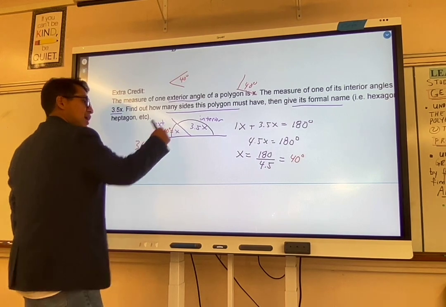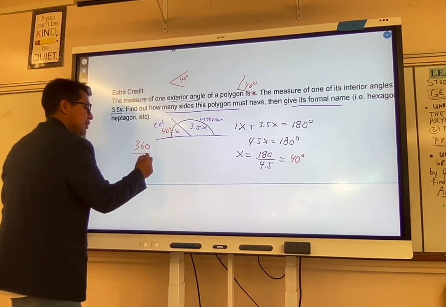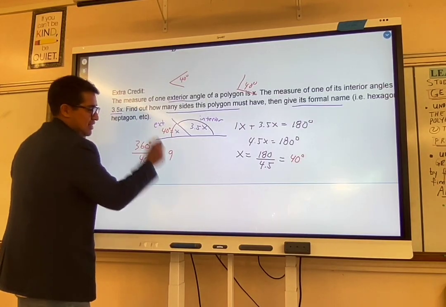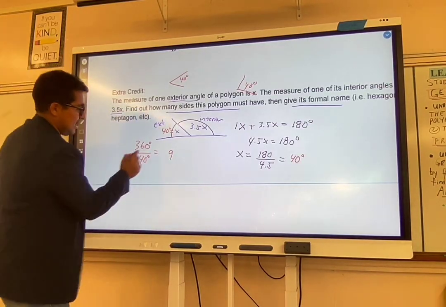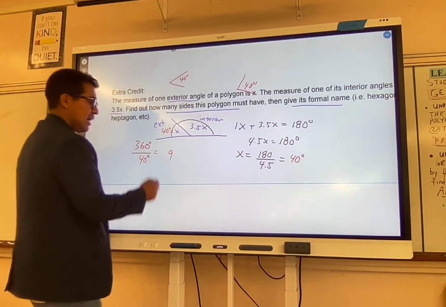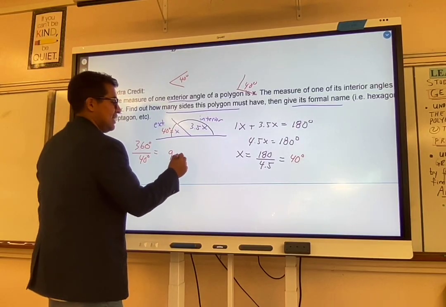So if I want to figure out how many copies of 40 degrees there are, how many sides there are, I should divide 360 by 40 degrees, right? What is 360 divided by 40? I believe that's just 9, right? 9 times 4 is 36, so 9 times 40 is 360. Our answer is 9, and that is going to tell me the sides. This thing has 9 sides, so 9 sides.